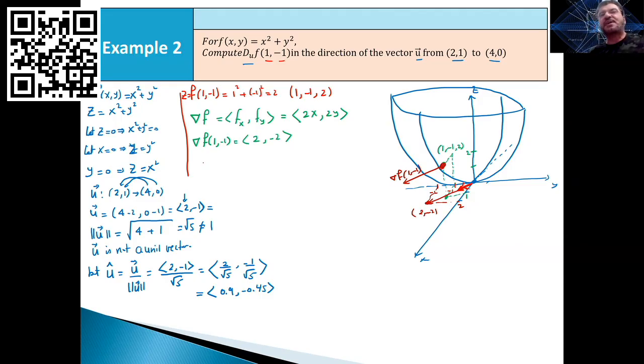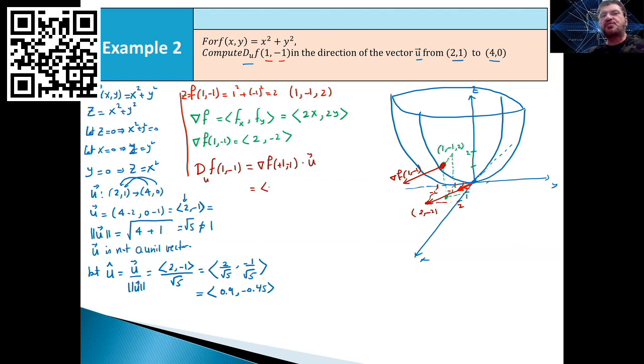Okay, now let's find the directional derivative. What's the directional derivative of the function f at the point 1, -1 in the direction of u? This is the gradient of f at 1, -1, dot u.